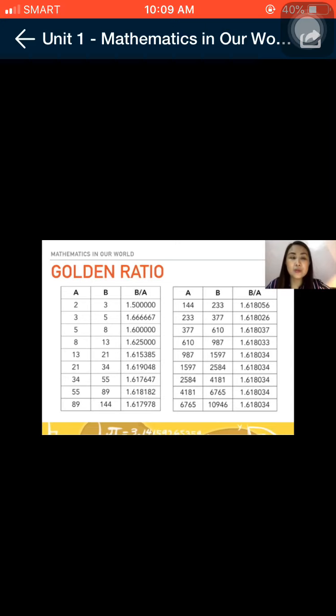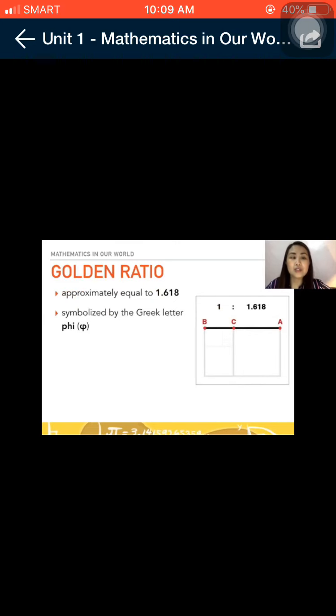And this result is what we call the golden ratio. The golden ratio is approximately equal to 1.618, and it's symbolized with the Greek letter phi, if you write it like that. This is also called the divine proportion or the golden mean.